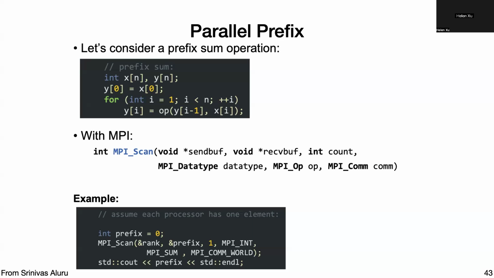And then P1 is A0 plus B0, A1 plus B1, A2 plus B2. So you are doing it this way.